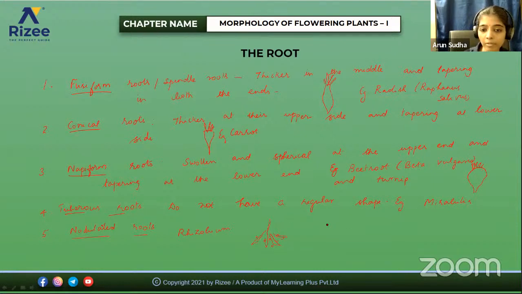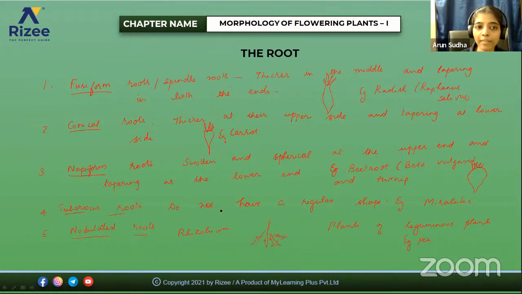And this is particularly present in the plants of leguminaceae, these leguminous plants like pea.